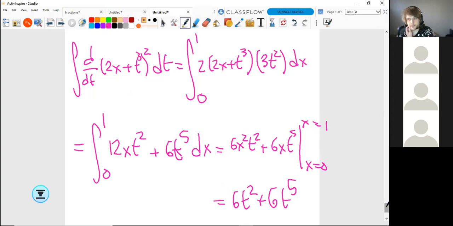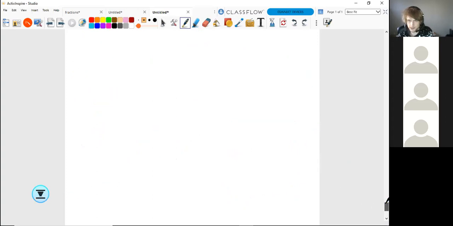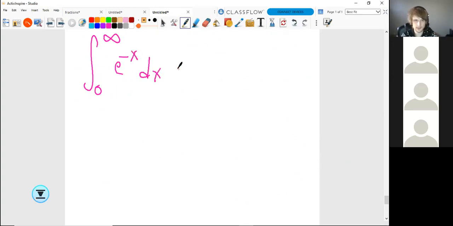Okay, great. So let's actually use this to revisit our friend, the gamma function. Well, first, let's look at this integral: the integral from 0 to infinity of e to the minus x dx. Can someone tell me what this is equal to?